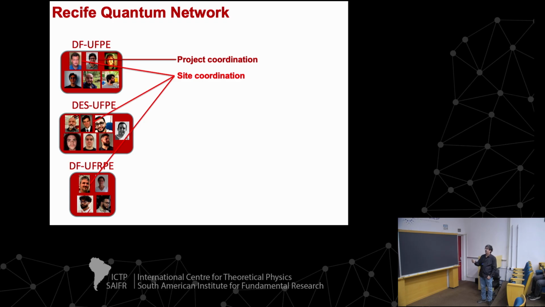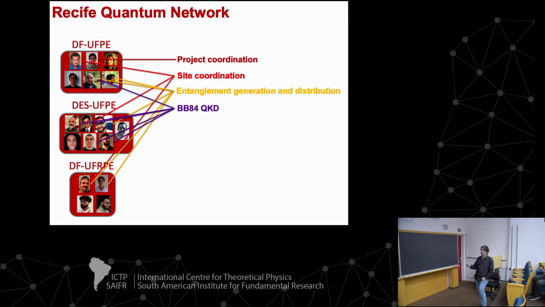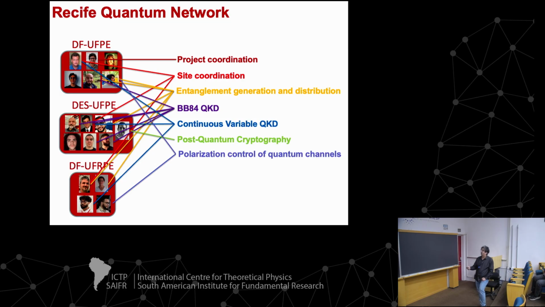You have me, coordinating the project, we have some coordination for each site, but we also have, for example, people working on entanglement generation and distribution, and then we have people working on BB84 quantum key distribution, people working on continuous variable QKD, people working on post-quantum cryptography, some working on polarization control just for the channels, or synchronization of clocks between the sites.